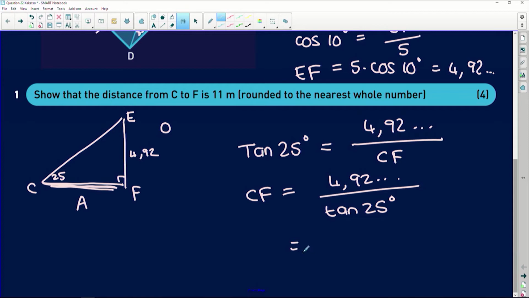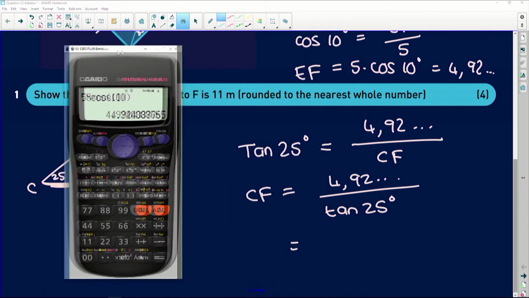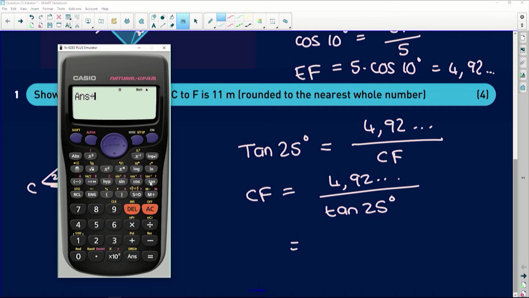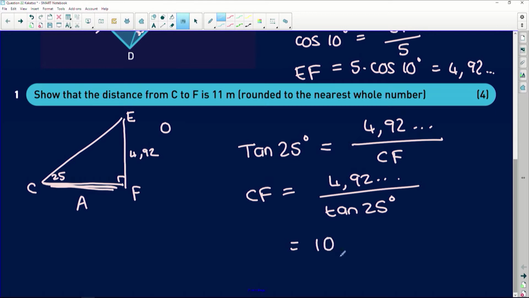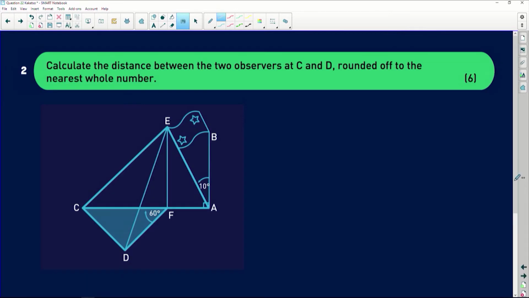Okay, let's stick this into our calculator again. Okay, we've already got this 4,92, so we can just divide it by tan of 25 degrees, and we get 10,56, etc. But remember, question here, nearest whole number. Okay, so that is equal to 11 meters, and that's exactly what we're looking for over there. Okay, easy peasy. Let's take a look at the next question.